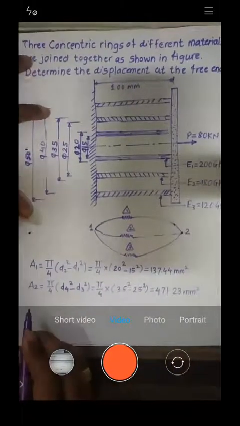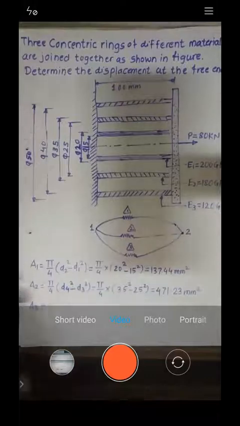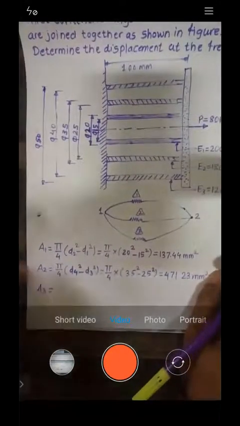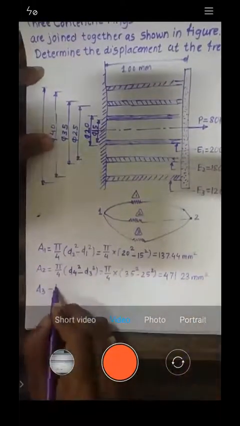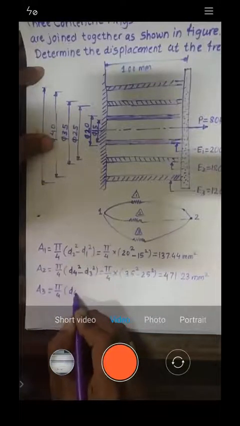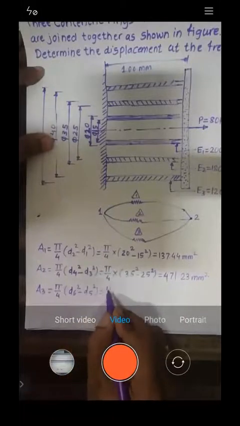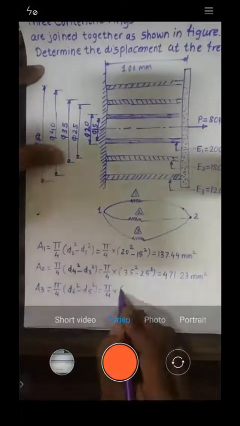Next, go for A3. How will you calculate A3? Again, the third ring has two diameters, one is 50 and the second is 40, right? So it is pi by 4 into d6 square minus d5 square. What is d6?